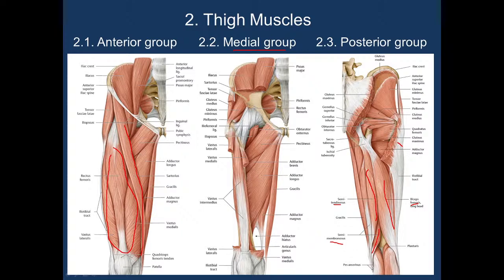This is the pectineus, adductor brevis, adductor longus, adductor magnus, and the long and thin musculus gracilis, or gracilis muscle. All of these muscles adduct the thigh to the median line, and they produce adduction, and they are quite strong.